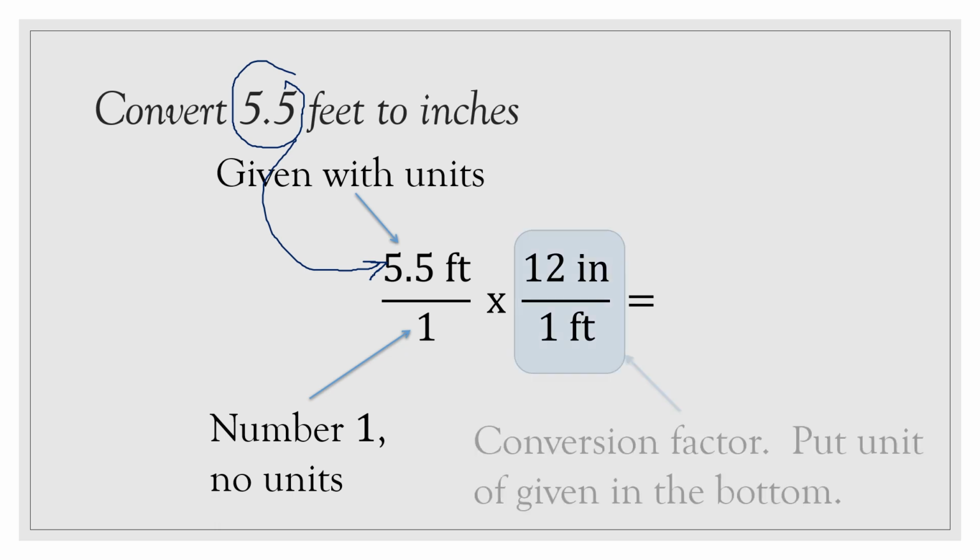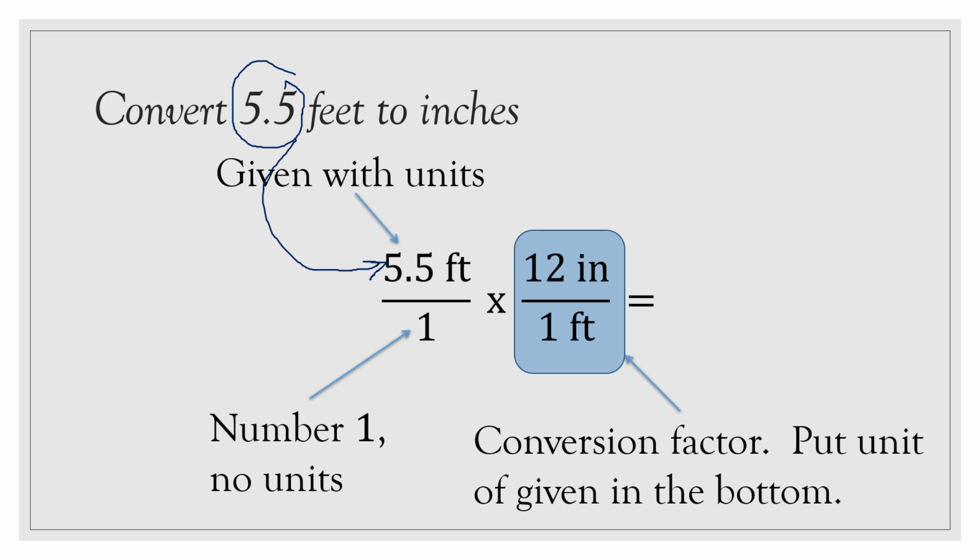Now the second fraction is what we call a conversion factor. In the rest of this presentation, when I talk about conversion factors, I mean the second fraction, and we're going to build it by putting 2 equivalent quantities into the top and the bottom. The idea here is that 12 inches and 1 foot are 2 different ways of expressing the same length.